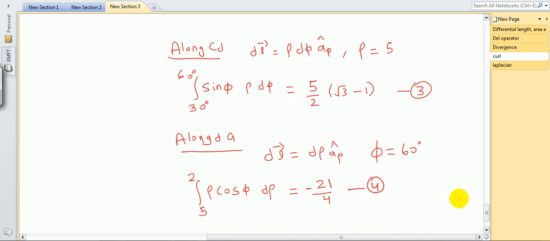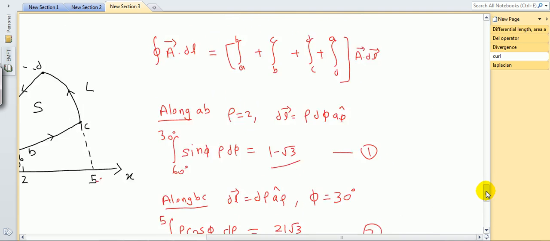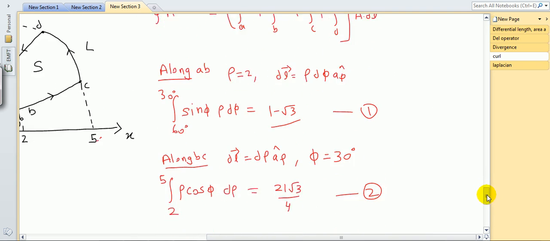Now if I add all this, this will be my total A dot dl over this closed loop L, which was given in the question.